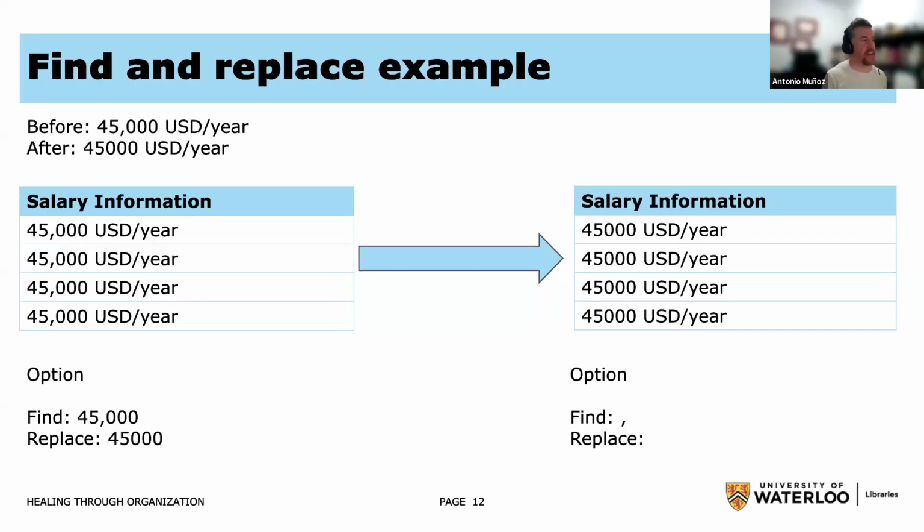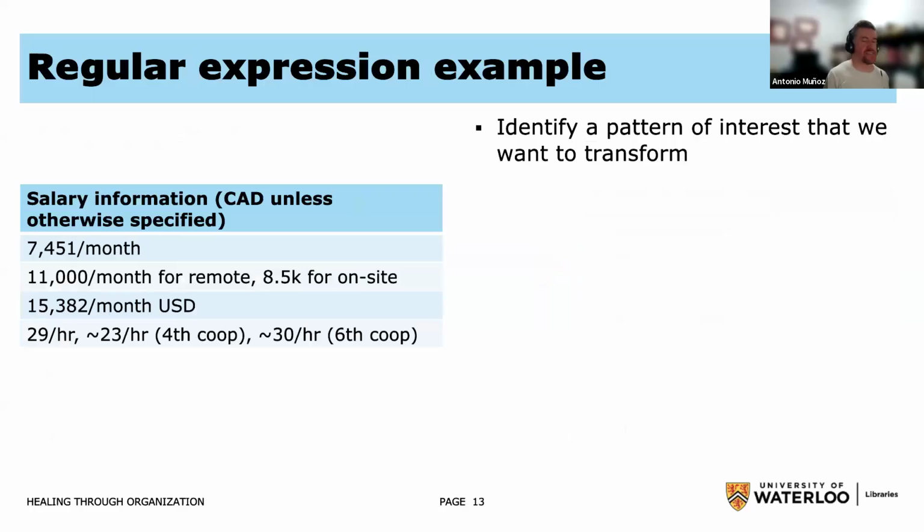Now, we have a bit of a problem, where there are no cleanly delimited ways for us to know what's happening here. It's not a consistent thing where we can just delete the comma, because in our example, if I delete that comma, it would also delete the one that is separating multiple values.